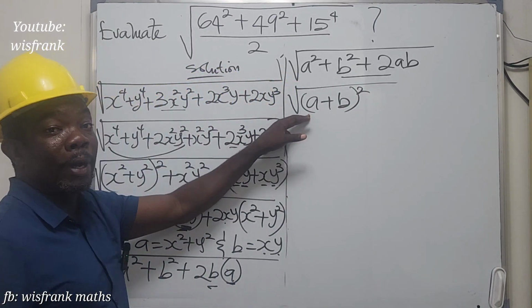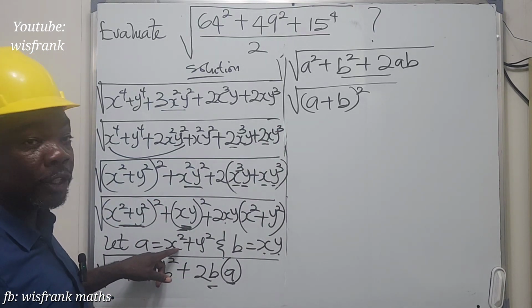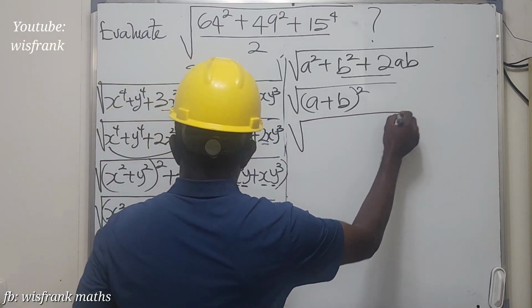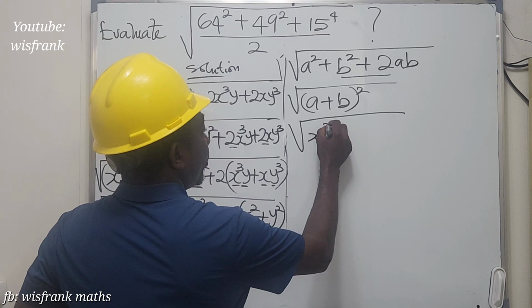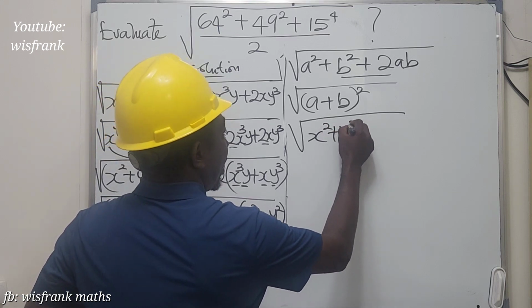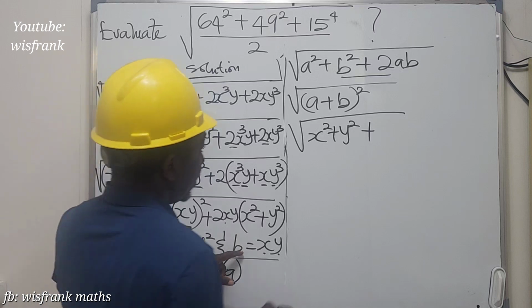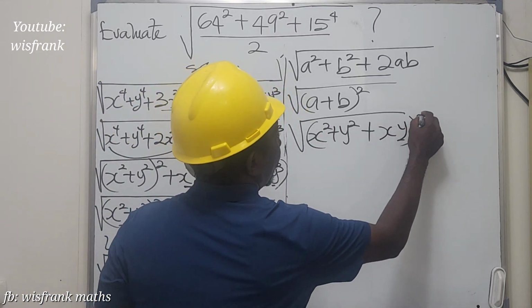Then we can do our substitution, because here we said a equals x to the power of 2 plus y to the power of 2. So this will become square root of, for a we put x to the power of 2 plus y to the power of 2. So we have here plus, this place is xy, all to the power of 2.